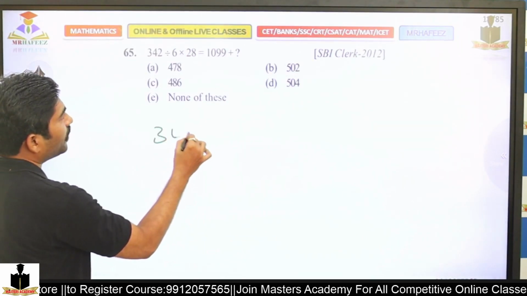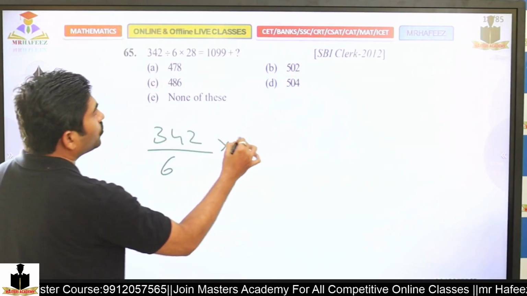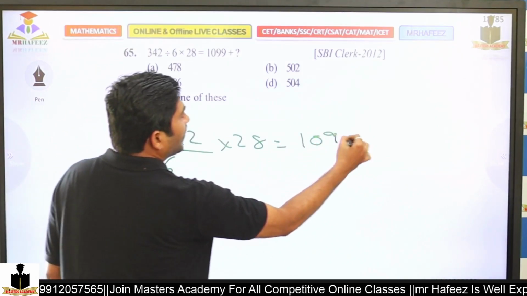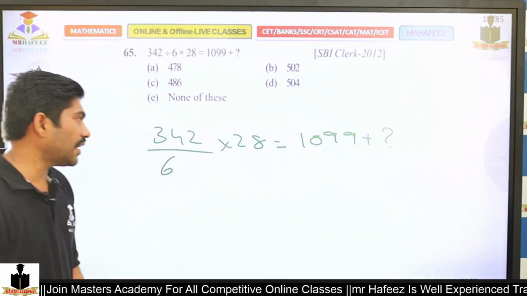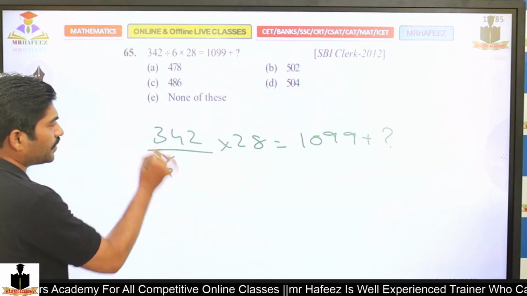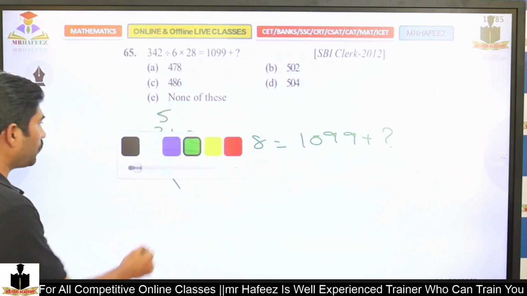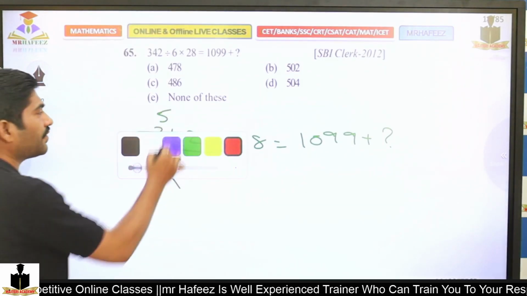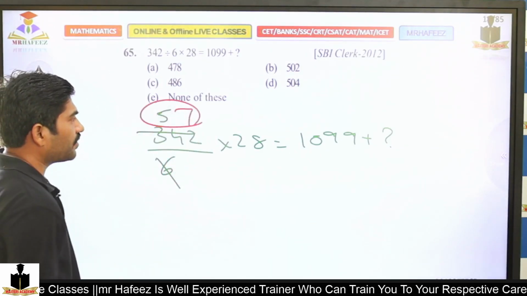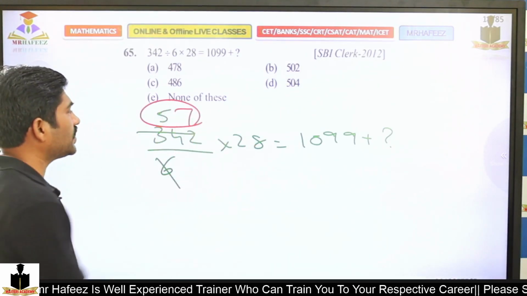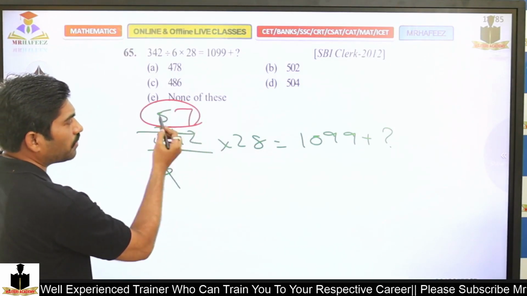And 342 divided by 6 into 28 equals 1099 plus question mark. If this is the question, 6 how many times? 6 5 times is 30, and 6 7 times, so 57. 57 into 28. What is 57 into 28? I should multiply these two.